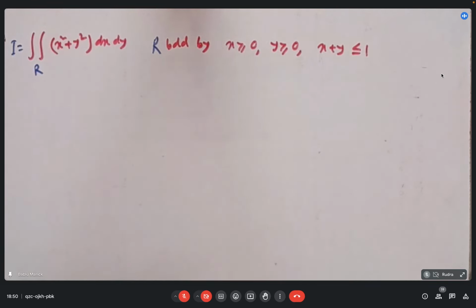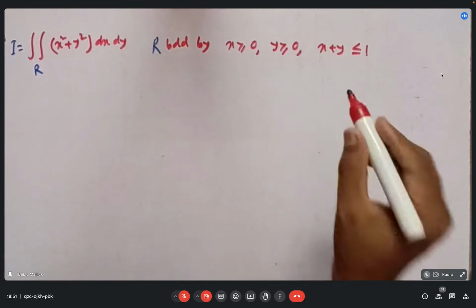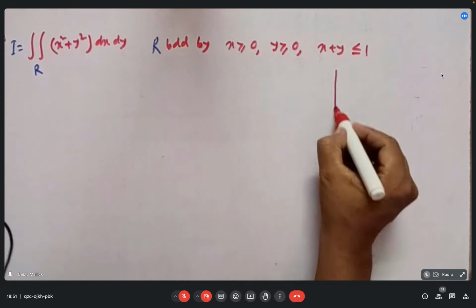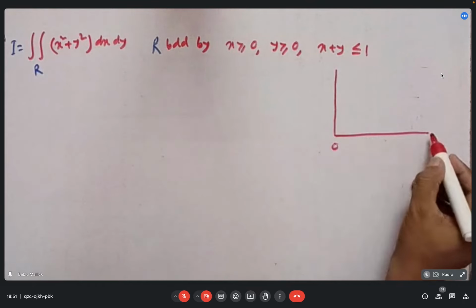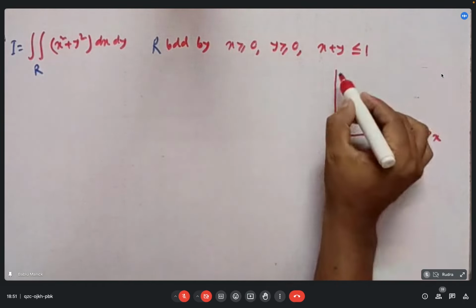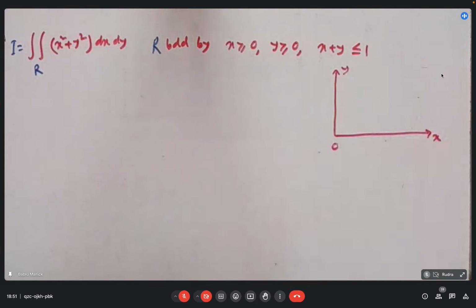Here you have to find the limit of x and limit of y. So we shall draw the diagram. What is the diagram? Look, what is the region? It is the x-axis, this is the y-axis.